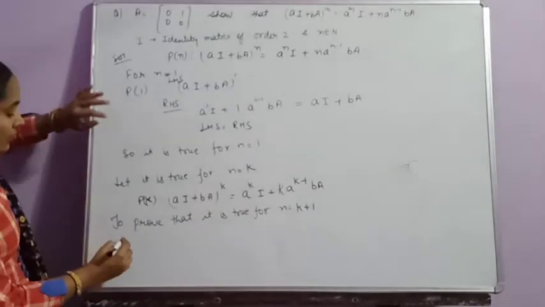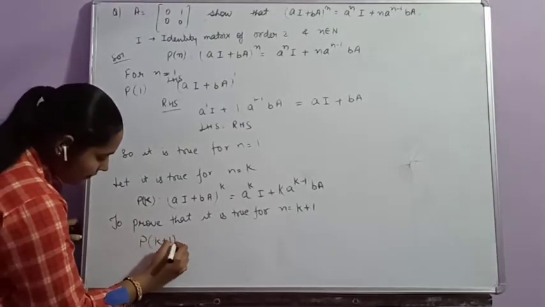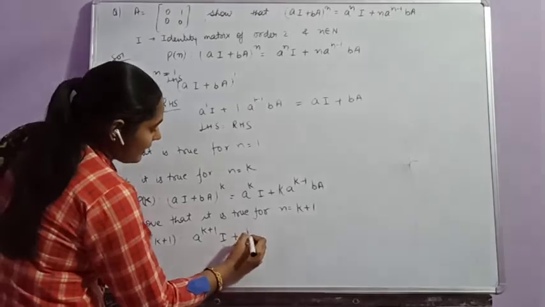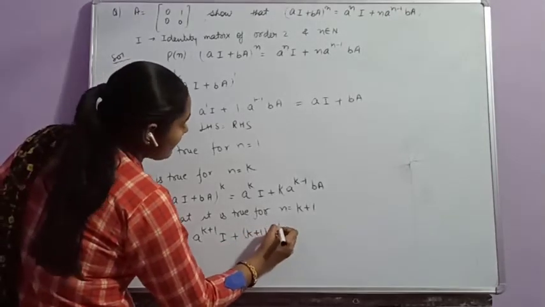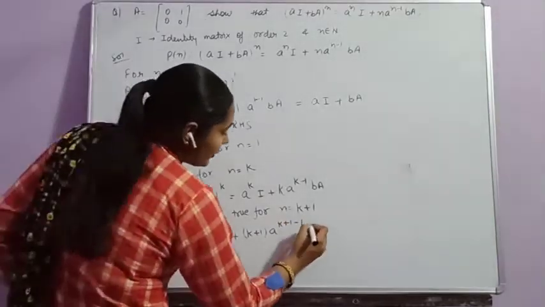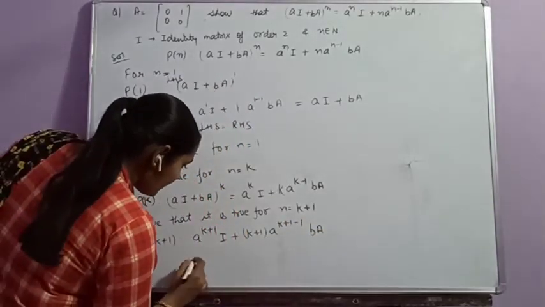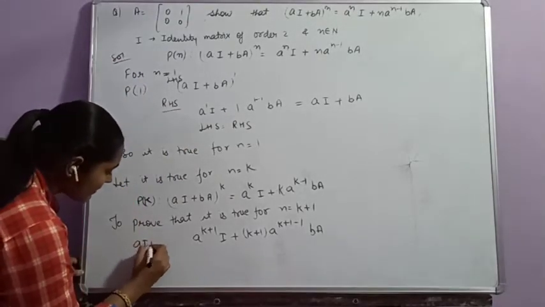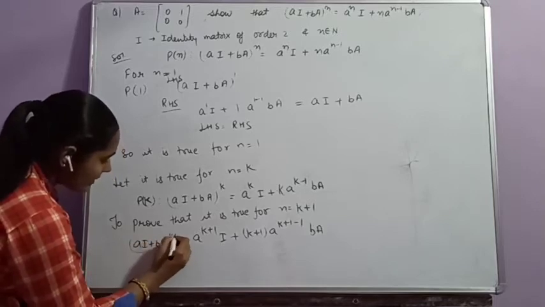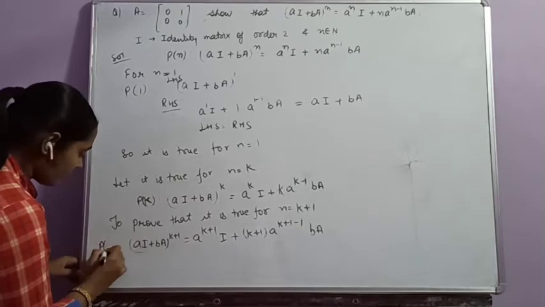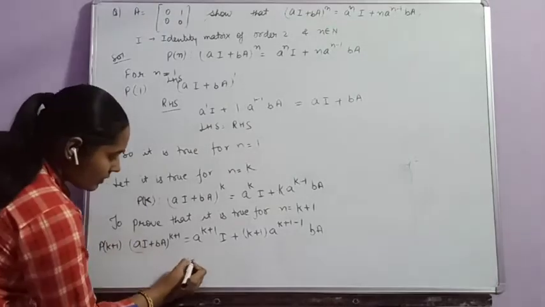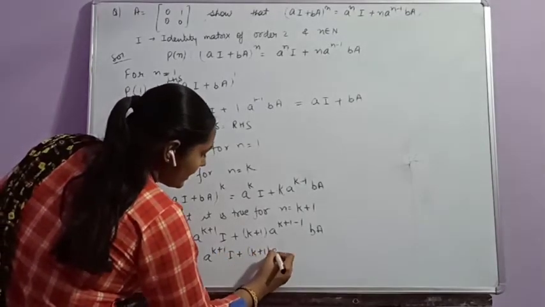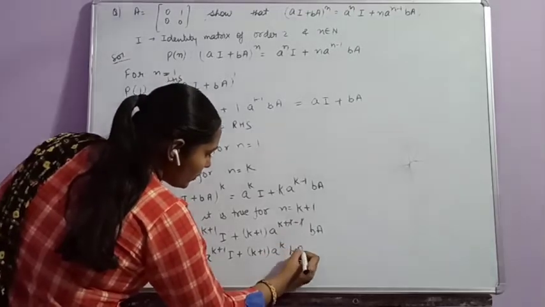Now P(k+1) will be a raised to the power k plus 1 into I plus (k+1) into a raised to the power k plus 1 minus 1 into bA, that is equal to... and its left hand side is (aI + bA) whole raised to the power k plus 1, that is equal to a raised to the power k plus 1 into I plus (k+1) into a raised to the power k into bA.